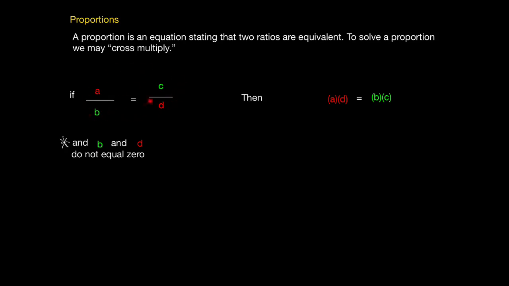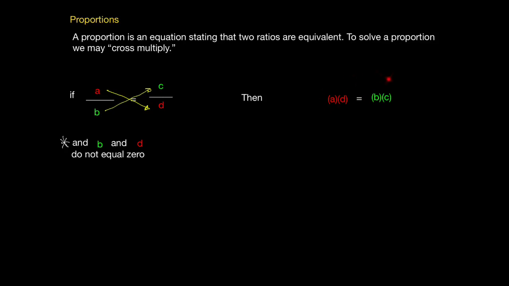If this is true, then A multiplied by D is going to equal B multiplied by C. That's where you get the name cross multiplication, because you can cross multiply A times D and then cross multiply B times C, and you get this new equation.